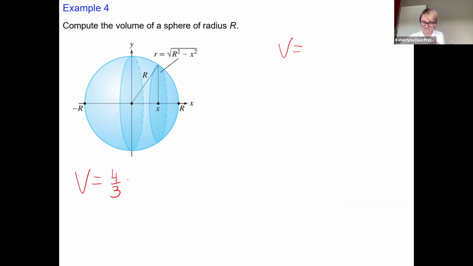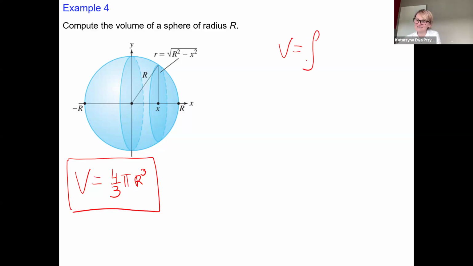I think it's 4/3 pi r cubed, where r is the big R. Setting up an integral and solving it, we're supposed to get that answer. You will just integrate the cross-sectional area. Please tell me, with respect to y or with respect to x?